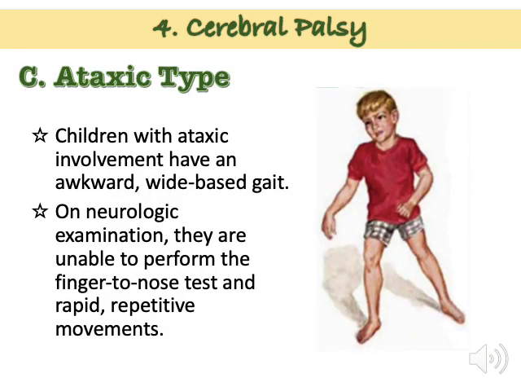Ataxic type. Children with ataxic involvement have an awkward wide base gait as shown in the photo. On neurologic exam, they are unable to perform the finger to nose test as well as the rapid repetitive movements. Ataxia is a loss of balance. So this involves testing the child's cerebellar function such as balance and coordination.